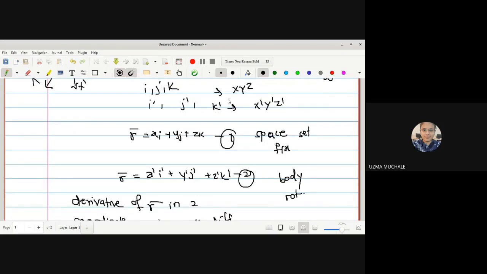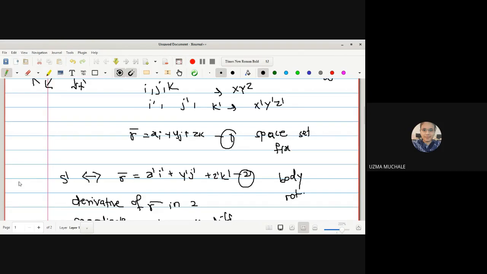But if you differentiate with respect to time a vector r bar given in equation 2, it is related to the body set of axes. When we differentiate with respect to S dash, i dash, j dash, k dash are treated as constants.